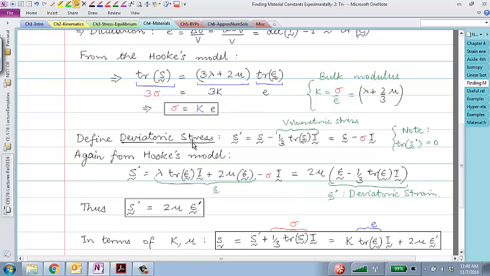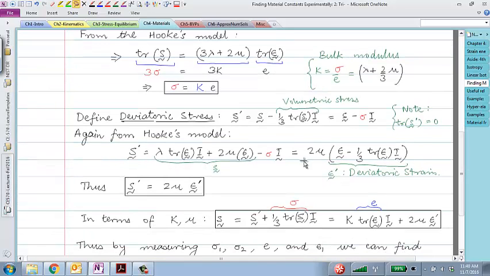All we have done is divide the state of stress into two parts, deviatoric and volumetric. The deviatoric part, by using Hooke's model and doing some algebra, we can show is equal to 2 mu times strain minus 1/3 trace of strain times identity, which is just the deviatoric strain. Which means that deviatoric stress is equal to 2 mu times deviatoric strain.